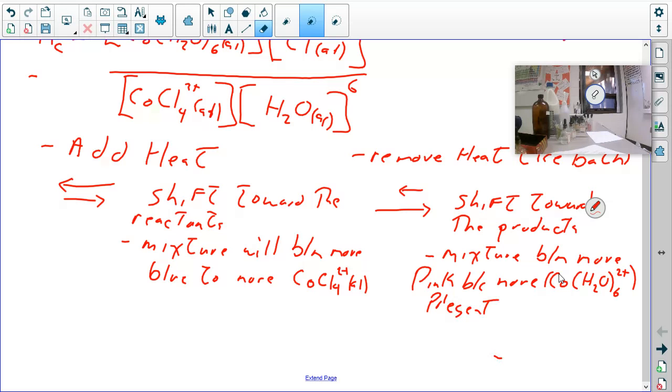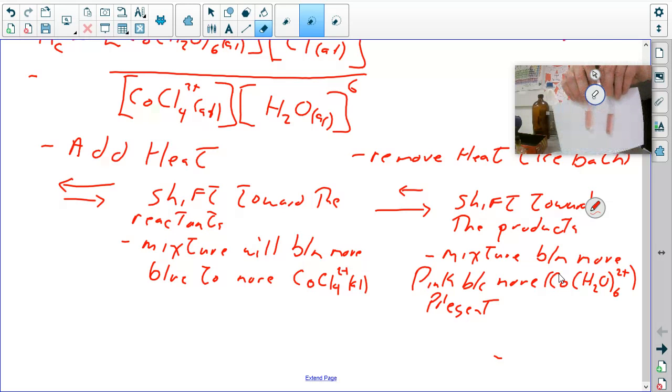Okay. So predict that we should have a system become more pink than the original. Now, I am just taking this straight out of an ice bath, and I'm going to put it on this paper or behind the paper.